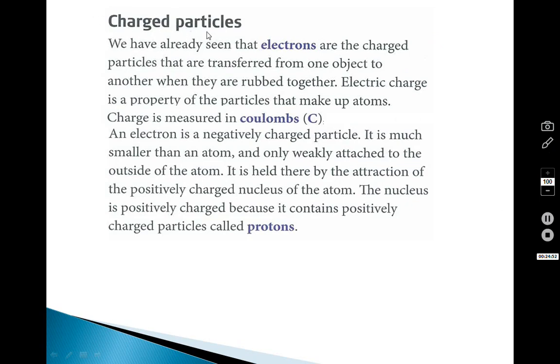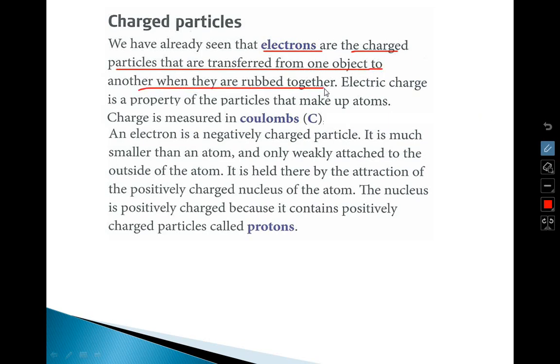Charged particles: as we discussed before, what are electrons? The charged particles that are transferred from one object to another when they are rubbed together. Because electrons are weakly connected to the center of the atom, they can move away from it when rubbed together.